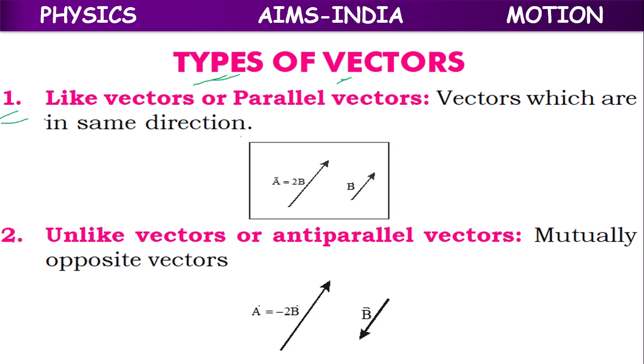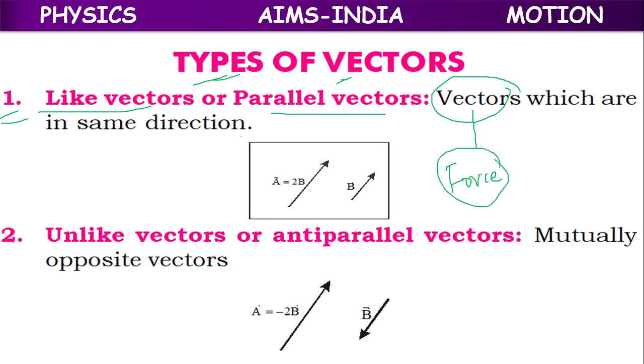The first type is like vectors or parallel vectors. Here, don't get confused with the word vector, children. Vector means it's a physical quantity. We are all familiar with the word force. Force is a vector. Why?